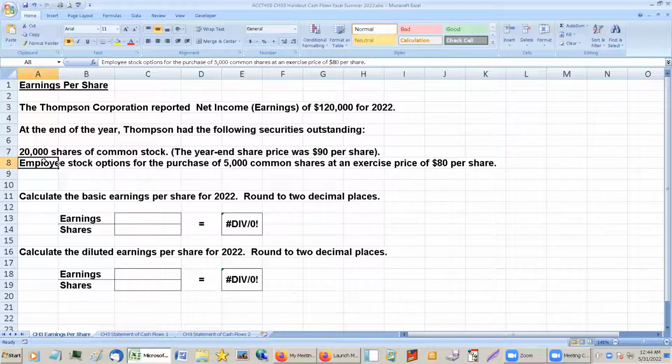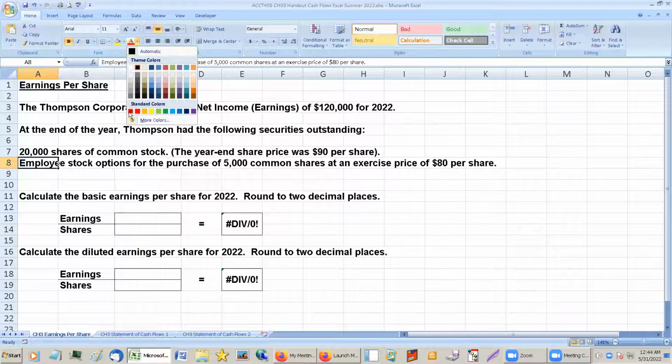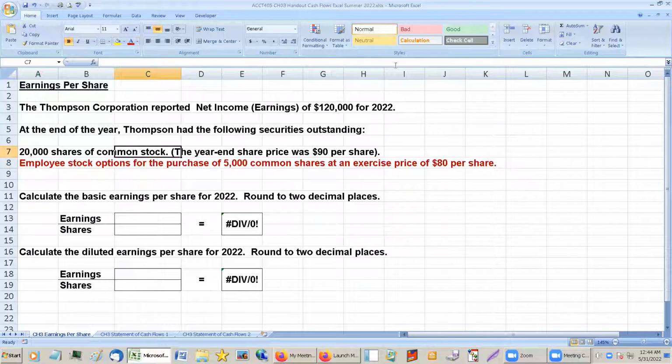But now these employees have stock options that they can use to buy more shares of stock. They haven't done it yet, but they could. Obviously, if there are more shares out, that means the income gets spread out over more shares. So there are basically going to be a couple different calculations.